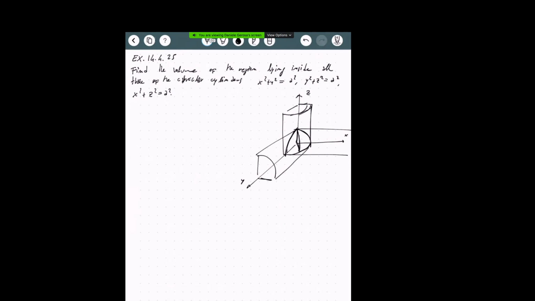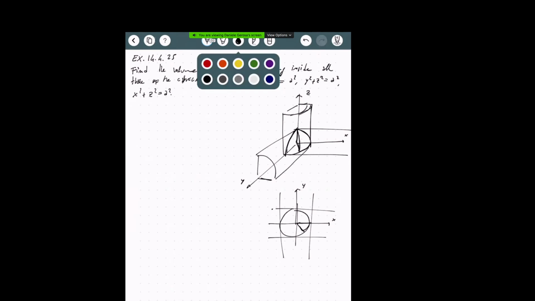The intersection will be the collection of all these pieces. If you look at it from above, you have cylinders, and underneath this should be this piece here.